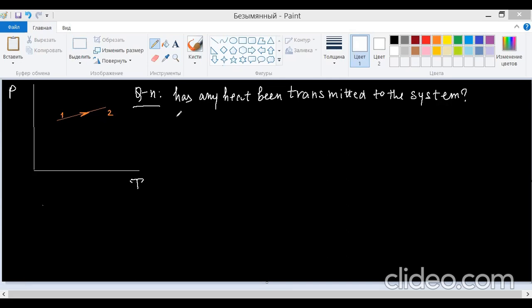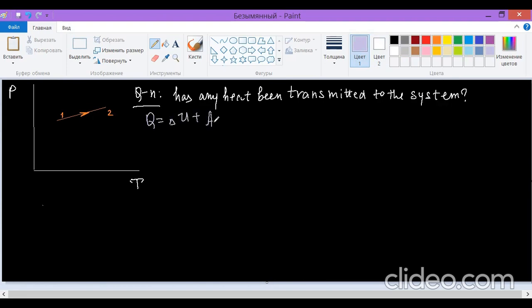So let's follow the same way which we applied in the previous assignment. Q is equal to delta U plus A, where delta U is the change in internal energy and A is the expansion work done by the gas.